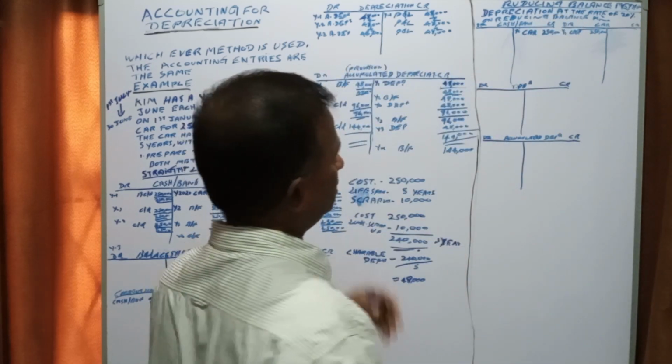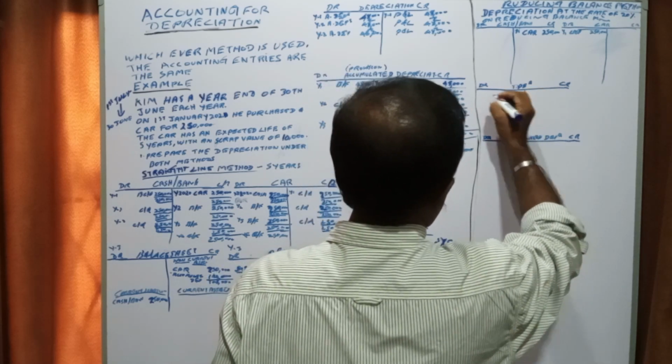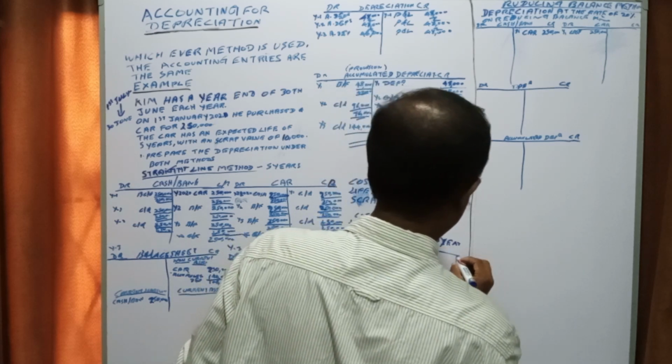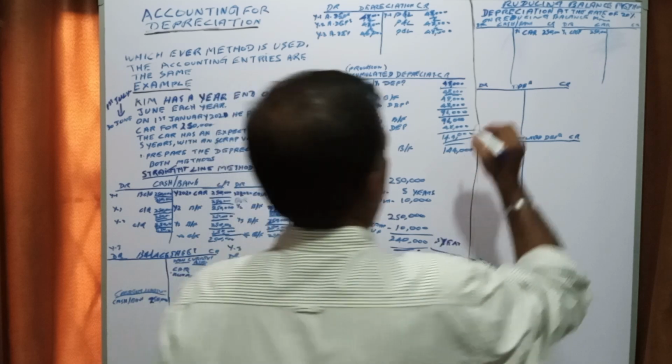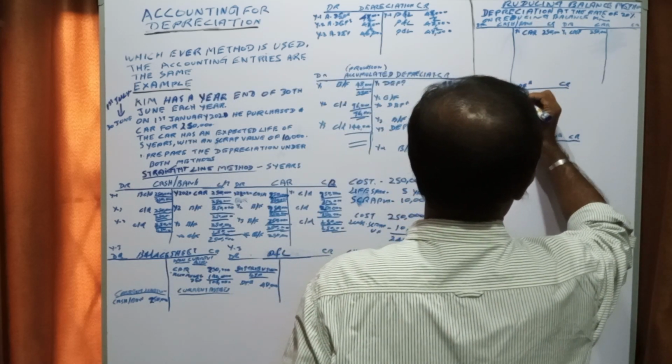First year depreciation is 20% into 240,000. So first year depreciation is 48,000.